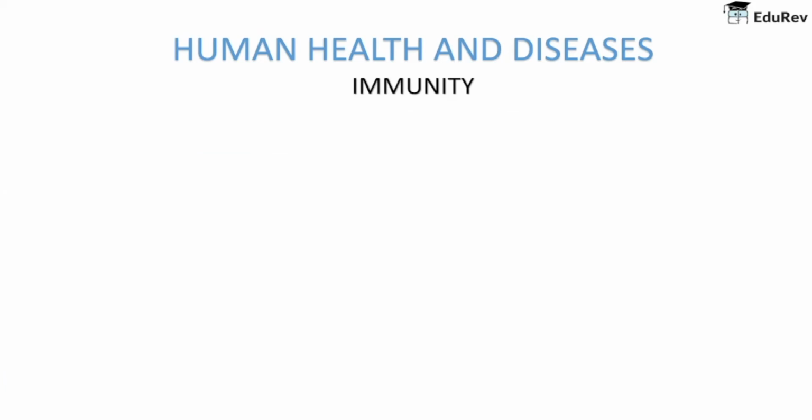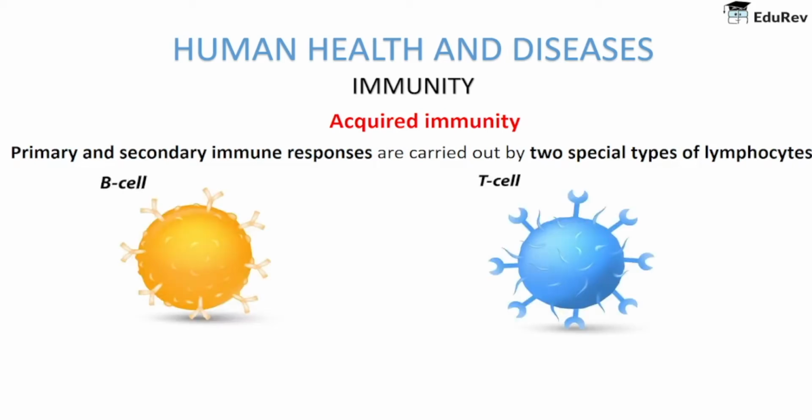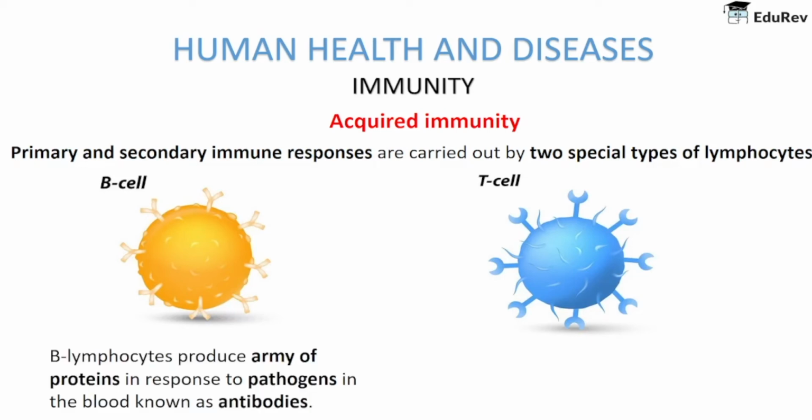Both primary and secondary response are made possible because of the two special types of lymphocytes in our blood, that are the B lymphocytes or B cells, and the T lymphocytes or the T cells. Now, B lymphocytes in the blood produce an army of proteins in response to the pathogens.